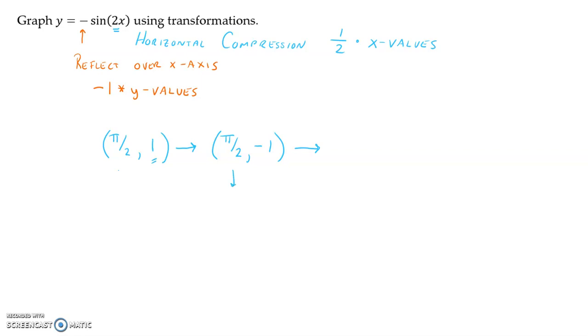So let's take a look at this x value here. We have pi over 2, and we're going to be multiplying this by a factor of 1/2. That's going to give us pi over 4 for our new x value. And our y value here is going to stay the same, so it's still going to be a -1.